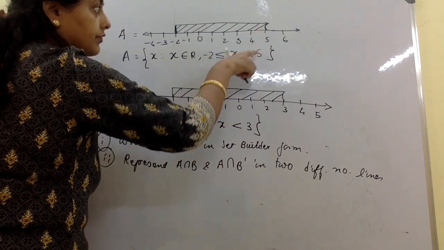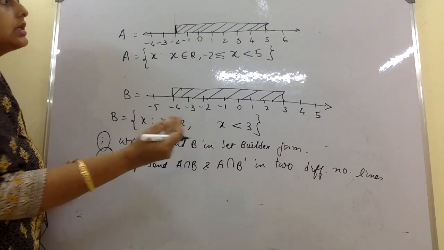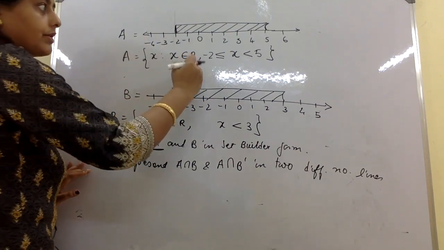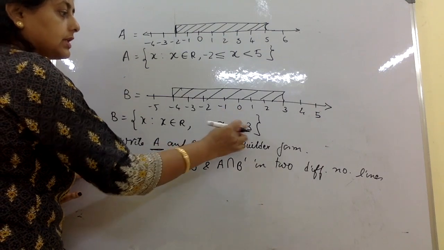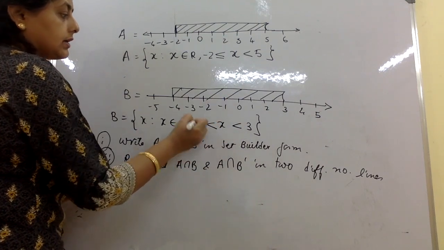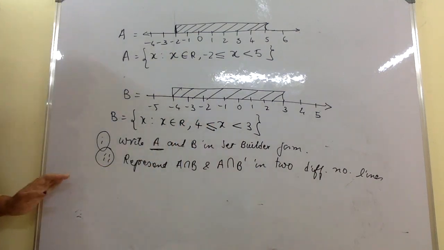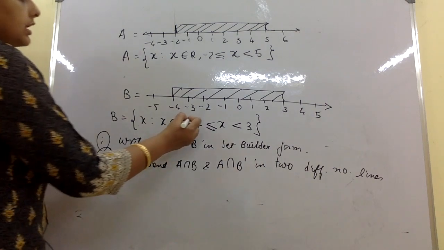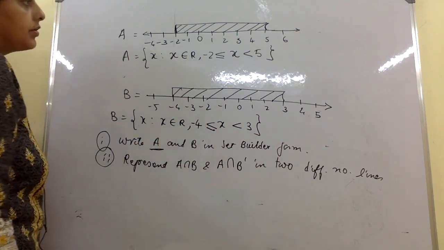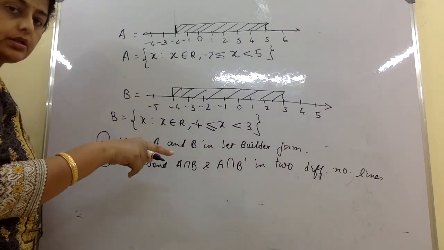Here it did not take the 5, we did not put the equal to sign, it is only less than 5. So it will involve everything less than 5 but not 5. This will involve everything less than 3 but not 3. And here it is going to take the minus 4. So these are the inequations written in set builder notation.